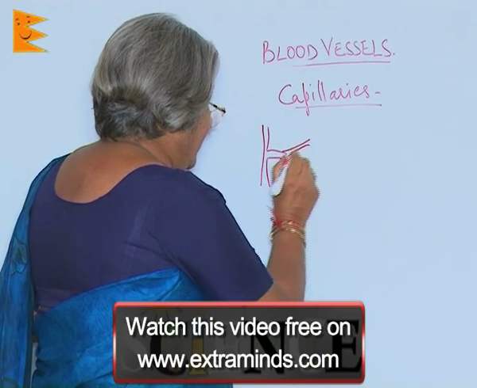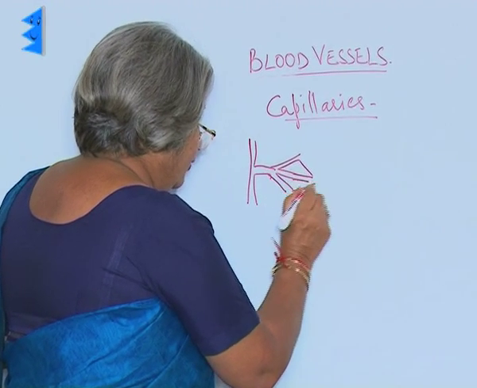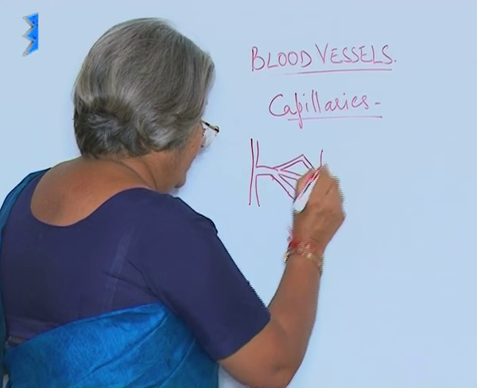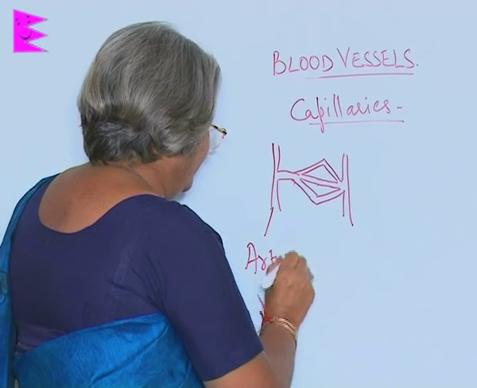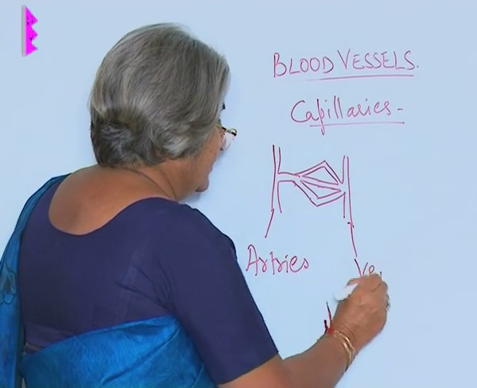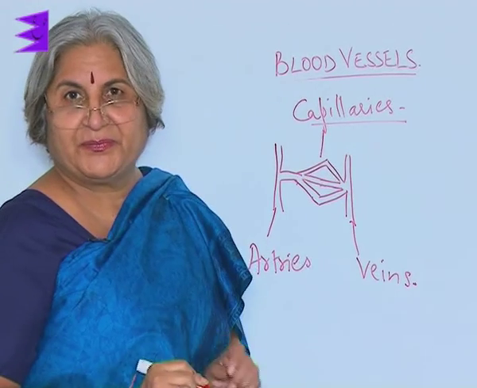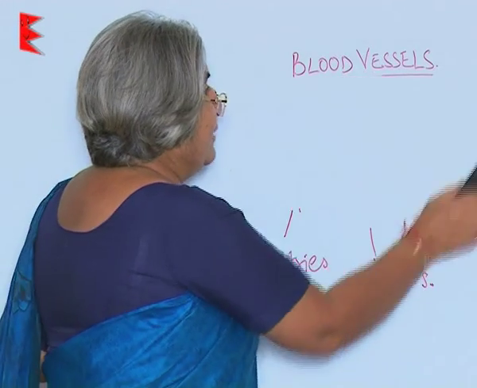It is breaking up into capillaries which are joining together to form veins. Arteries, veins and capillaries. So, now you have understood how the network system of blood vessels helps in the transportation of material.